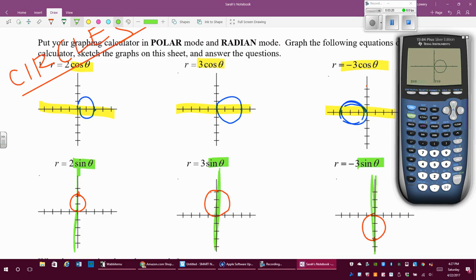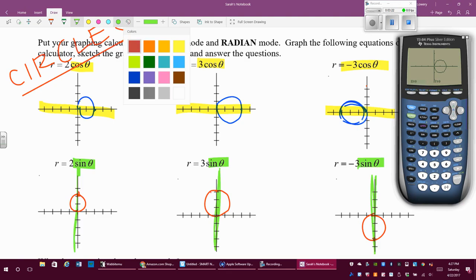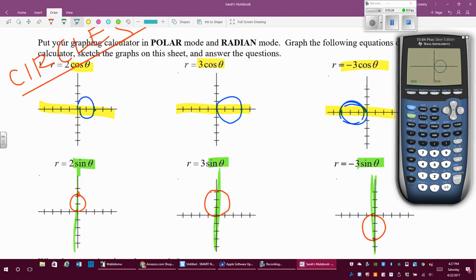The other thing we notice is that the number in the front actually told us how far out to go. So this one ended up at 2 units out, 3 units out. This ended up going in the negative direction on the x-axis. This ended up going 2 units on the y-axis, 3 units on the y-axis, and negative 3 units on the y-axis.